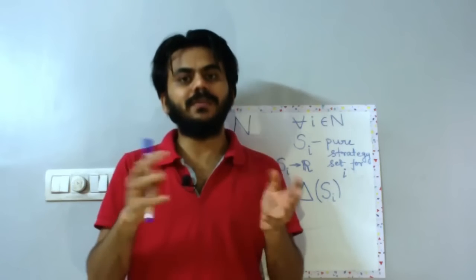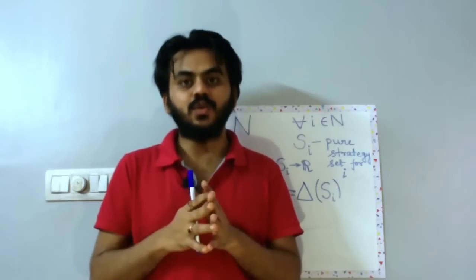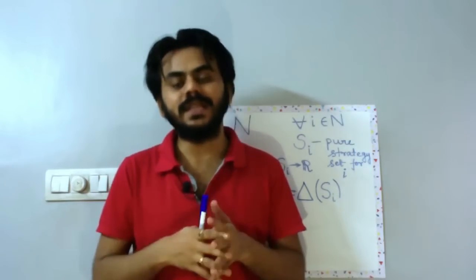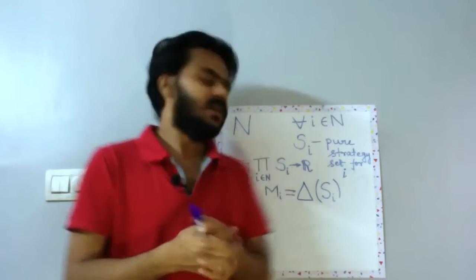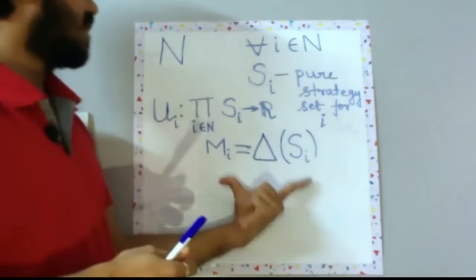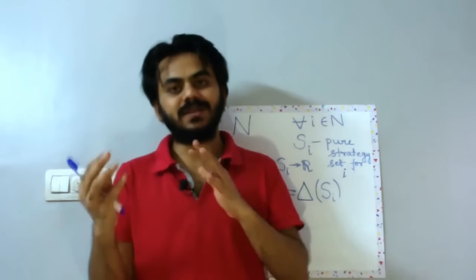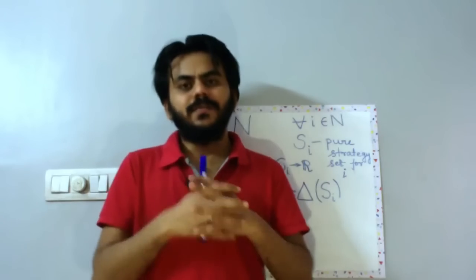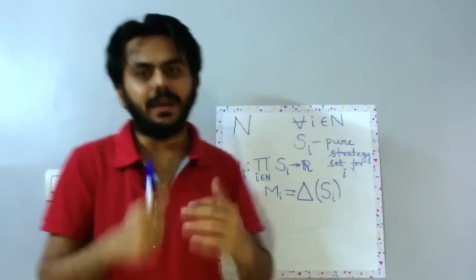Now those probabilities can take any number between 0 and 1. So there are a lot of different combinations possible over here. If we take all such combinations of probabilities, 0.2, 0.8, 0.3, 0.7 and so on, and make a set, that set will be capital M_i.